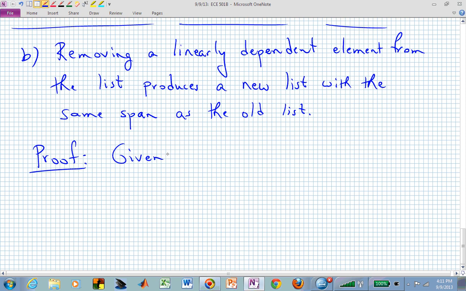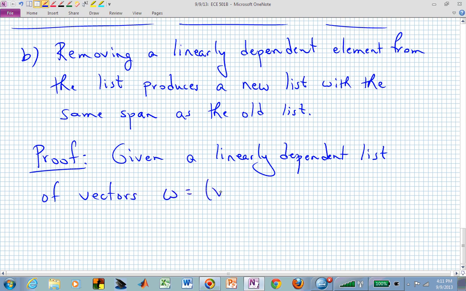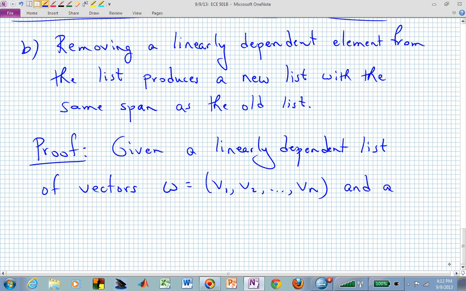Suppose, to prove that, we say given a linearly dependent list of vectors, let's say W equal to V1, V2, up to V sub n. The V's there are not the coordinates, those are vectors again.